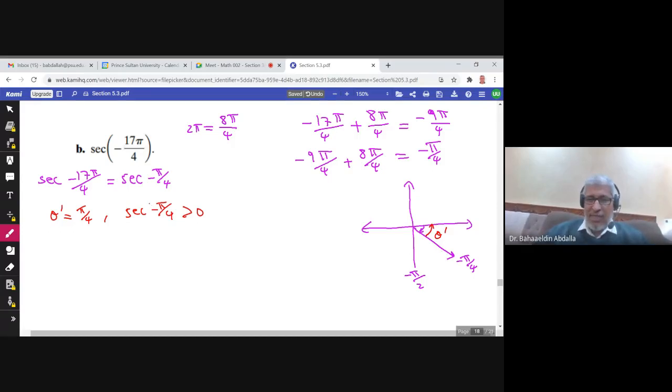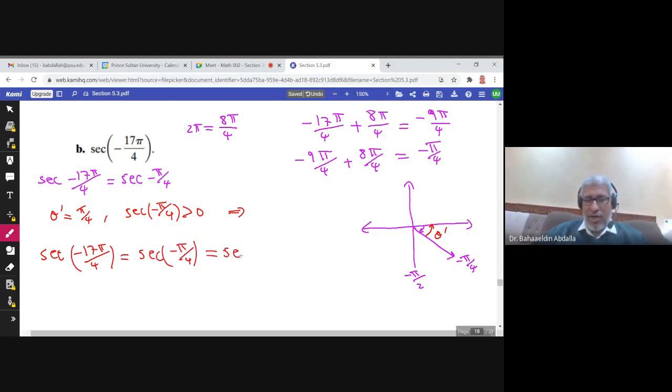So secant negative pi over 4 is positive. So now I can say that secant negative 17 pi over 4 is actually equal to secant negative pi over 4.